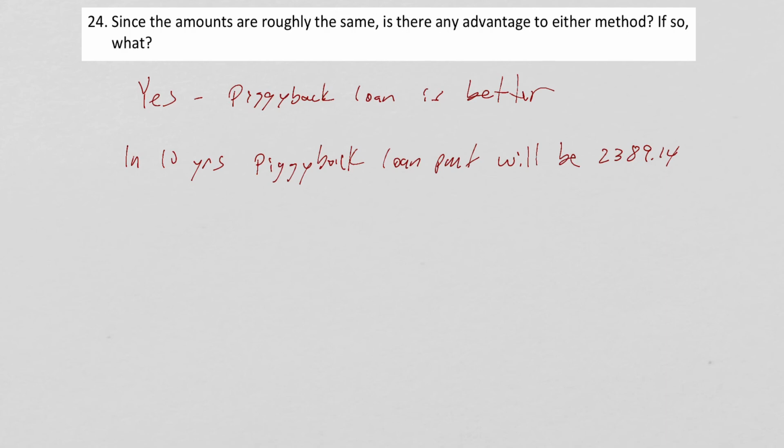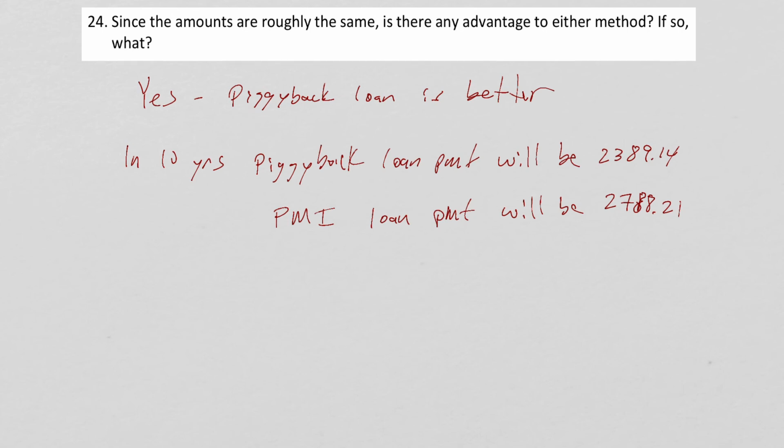When the PMI drops down far enough, which is probably going to be around 10 years, the PMI loan payment method will be $2,788.21.